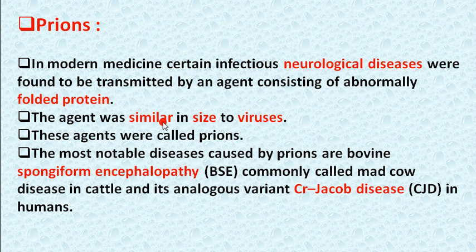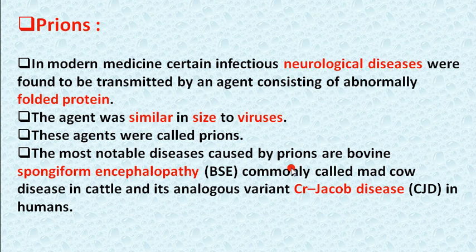This agent was similar in size to the viruses. Their size is similar to viruses. These agents were called prions. The most notable disease caused by prions is bovine spongiform encephalopathy, BSE. You have to remember this, it can be asked in the exam.